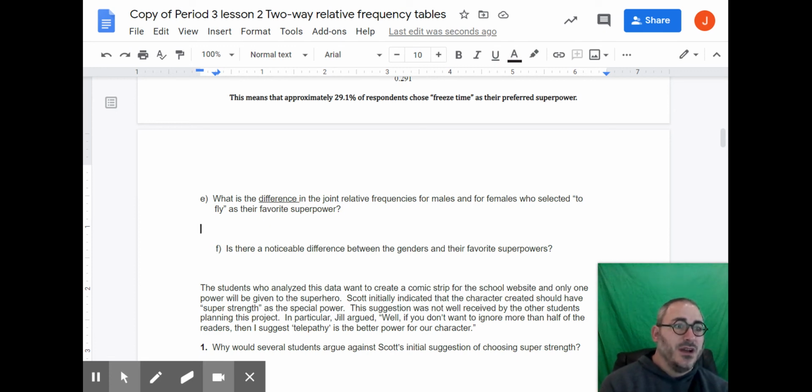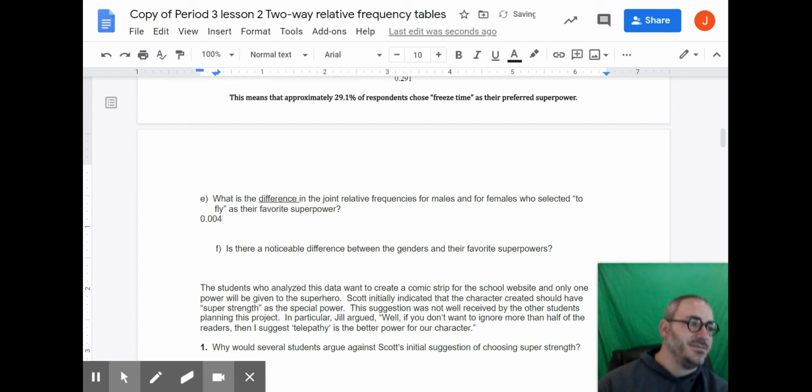So I'm going to do 0.113 minus 0.109. I'm going to get a very small number. The difference is 0.004.